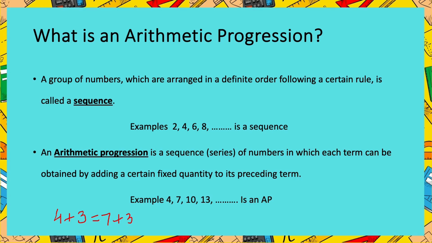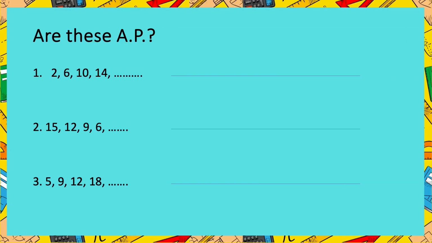If I add 3 to 4, I get 7. If I add 3 to 7, I get 10. And if I add 3 to 10, I get 13. So we can say that the common difference here is the same, and therefore this particular sequence can be called an AP.